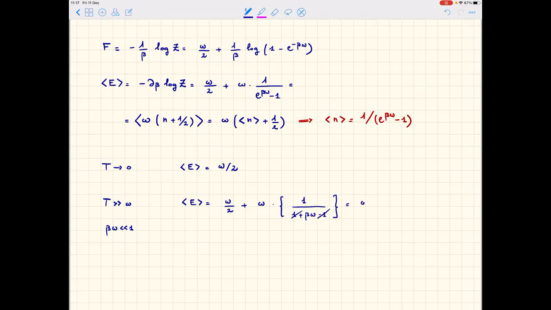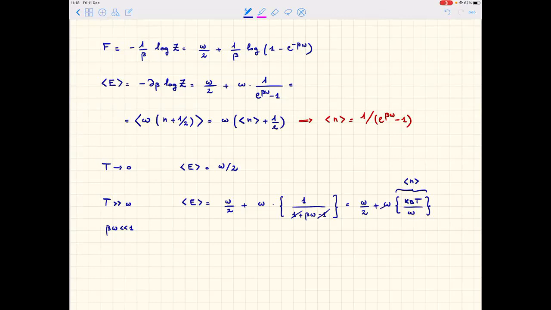So I get omega over 2 plus omega times kBT over omega. So this kBT over omega is actually the average occupation of my harmonic oscillator modes when the temperature is much larger than the frequency.